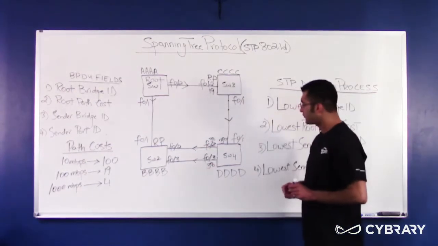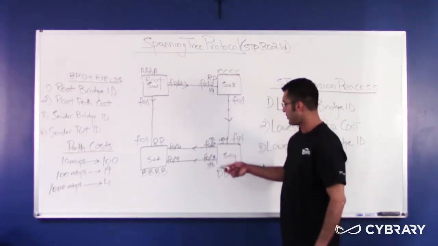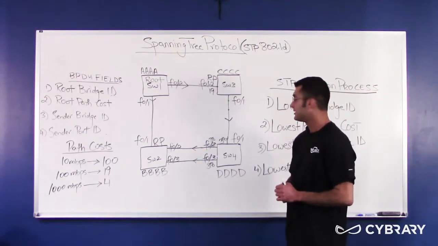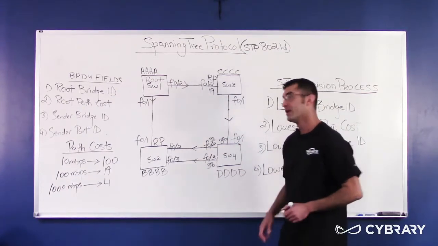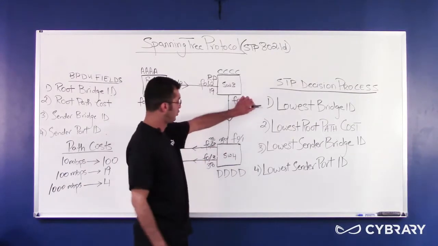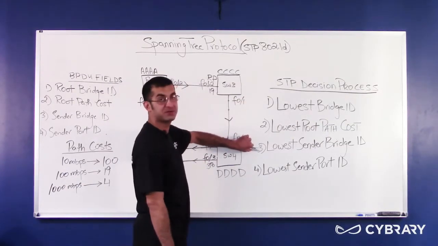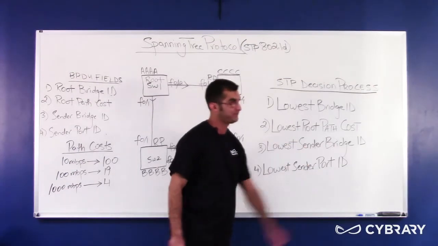At this point, switch 4 compares the cost at port 1, port 2, and port 3 and discovers that the costs are the same. So it cannot elect a root port yet. Hence, switch 4 has no other choice but to move to the third step in the spanning tree decision process, which is lowest sender bridge ID.